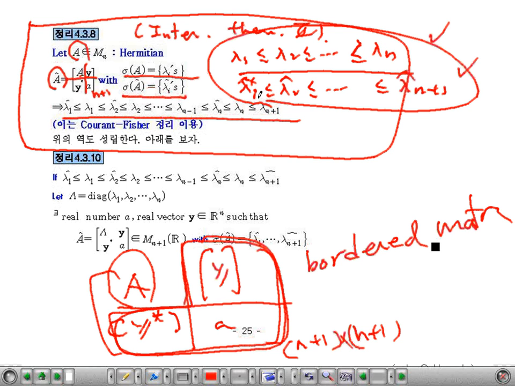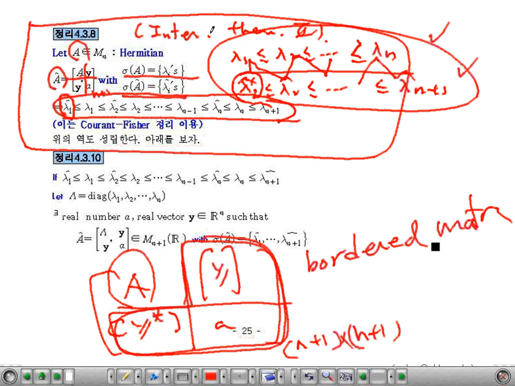How? Like this. This has one more eigenvalue than this. See the structure. The very smallest one of this is first, and then this one, then this one, and then this one, like this. Then this one and this one, in this order. Isn't it interesting?